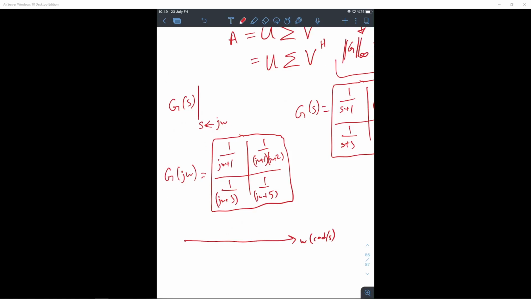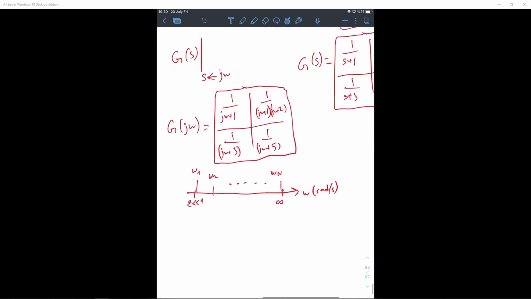Since this is going to be a logarithmic plot, this is like infinity, and this is a really small number, and we are going to use omega 1, omega 2, dot dot dot, and omega n.